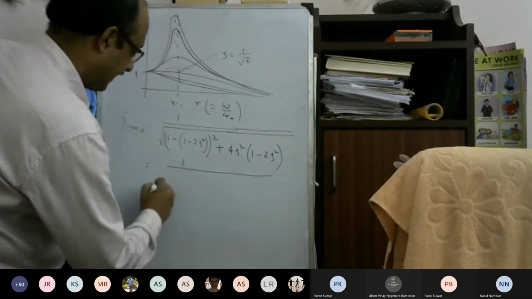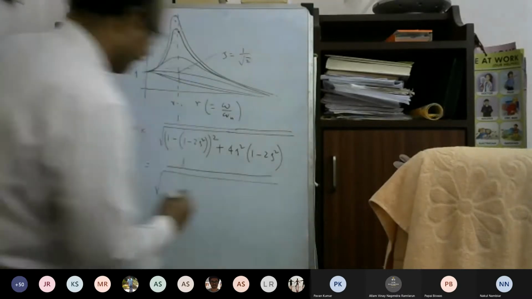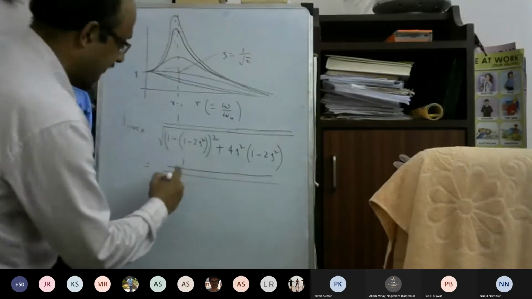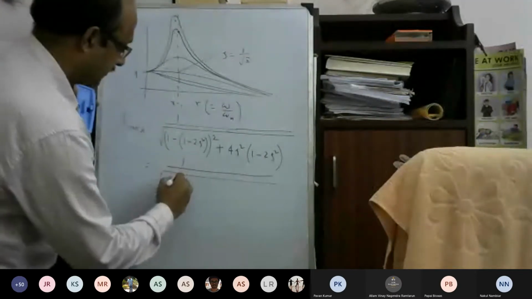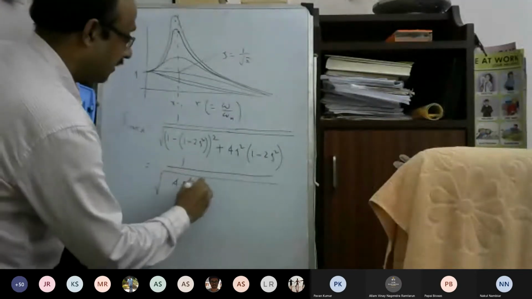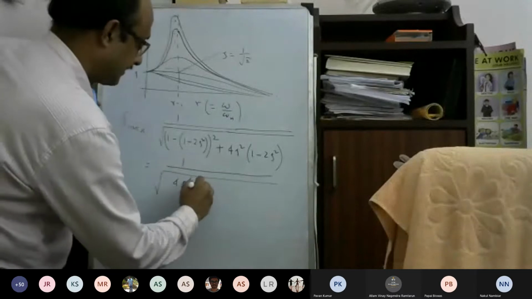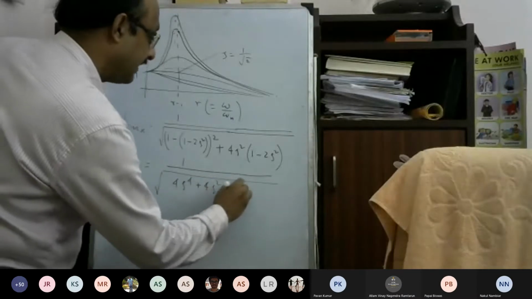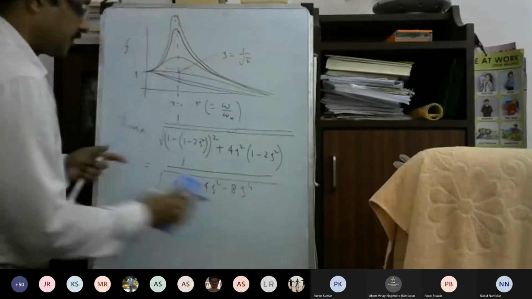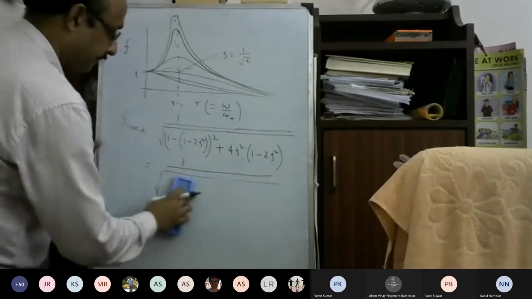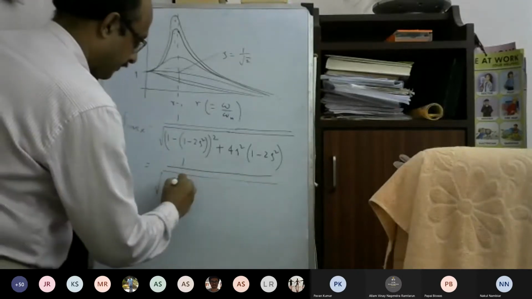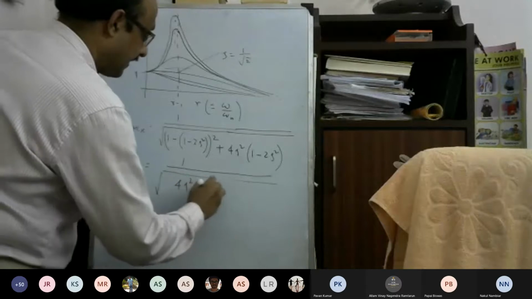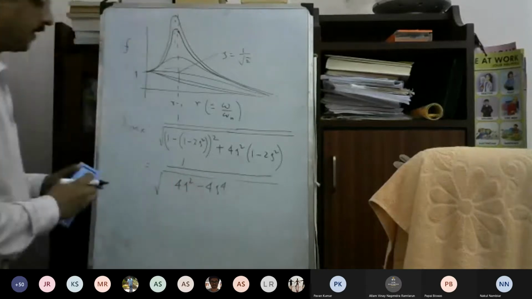So you can see that this will be equal to 4 zeta square, so this becomes 4 zeta to the power 4, minus 8 zeta to the power 4 plus 4 zeta square. So actually 4 zeta square minus 4 zeta to the power 4.